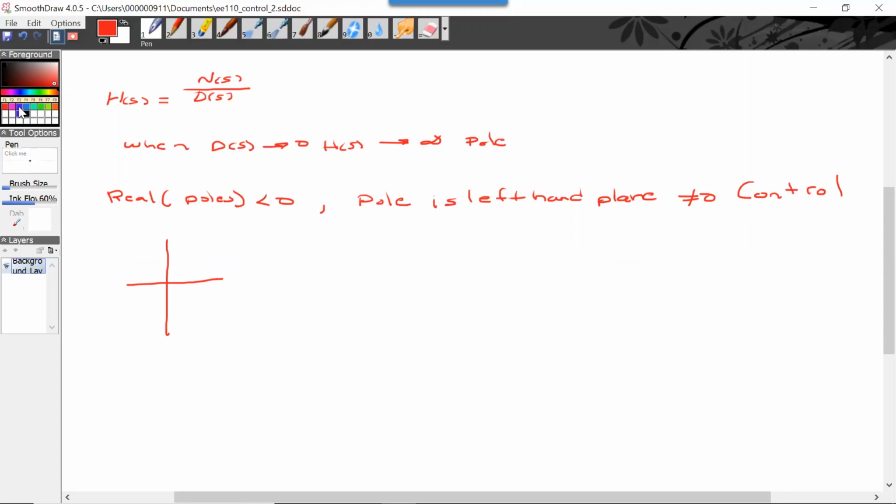And so we've talked about a single pole here, and that is really something like s plus a, where a is a positive number, right? That's in control, because if I take the step of that, I'm going to get something that looks like this.